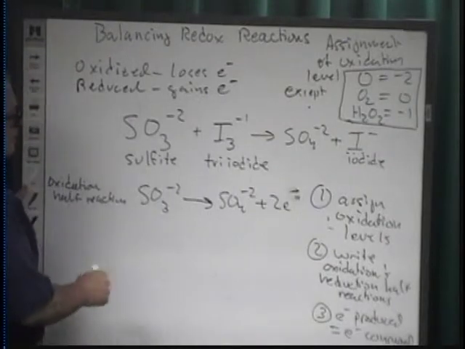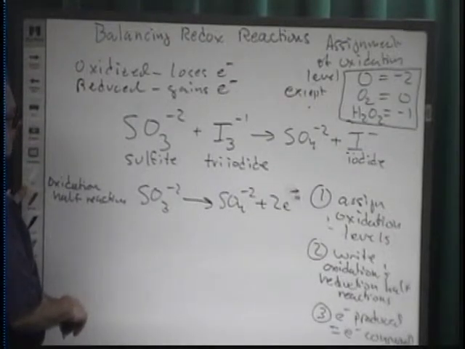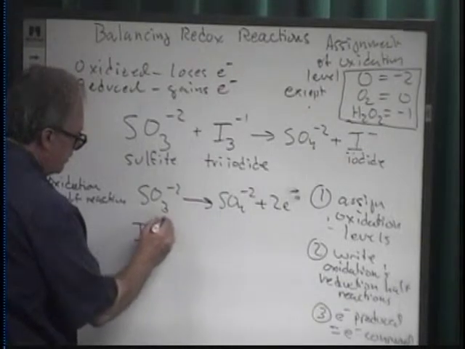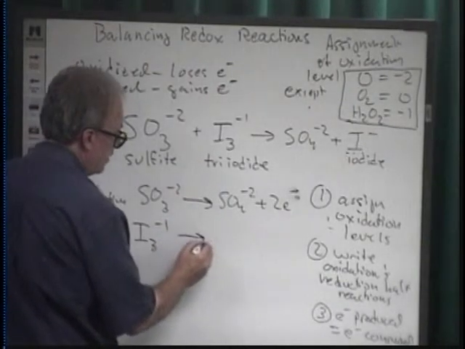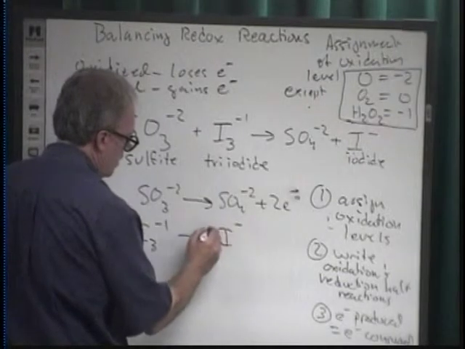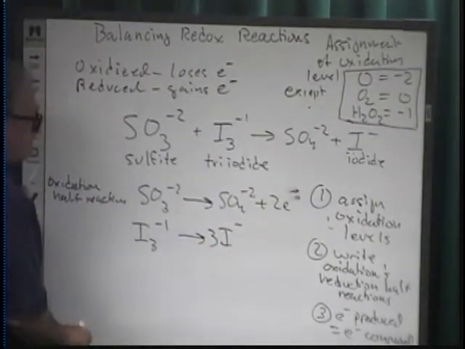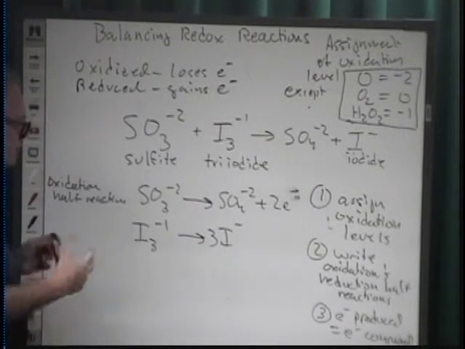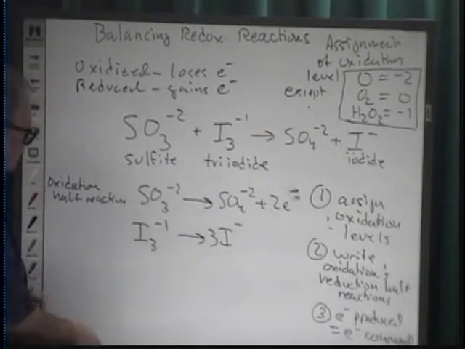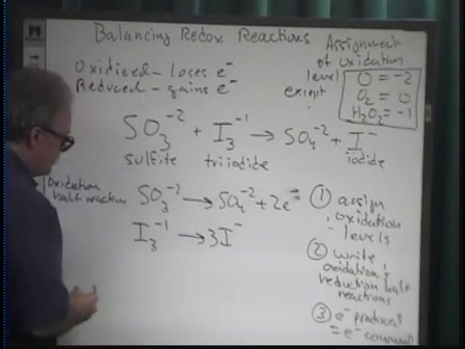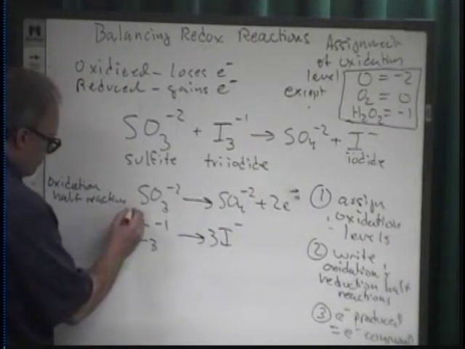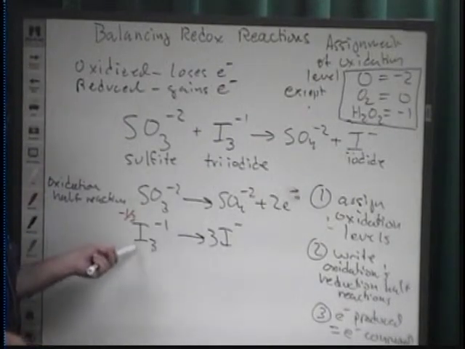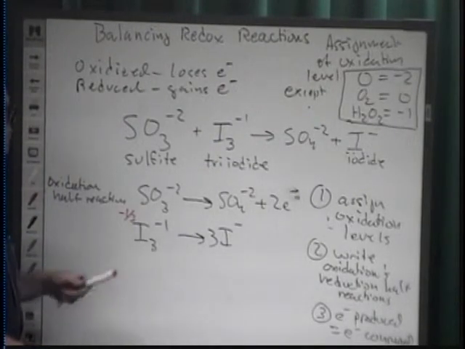But the species reduced is this triiodide, okay? And this has an interesting aspect to it because you have one charge smeared over 3 atoms of the same element, okay? So the oxidation level of this is going to be minus 1/3 for each iodine atom in triiodide.